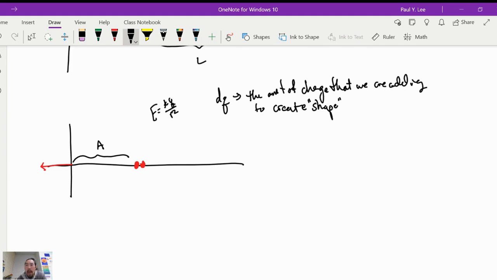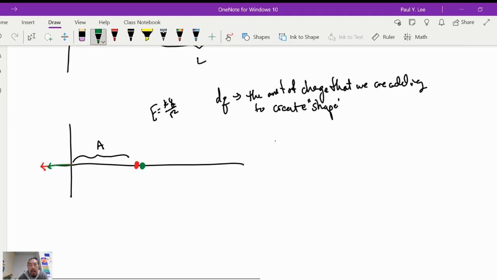So if we're continually adding up tiny bits of charge, those tiny little bits of charge are what we call dq. And so whenever we add a tiny bit of dq, from this second tiny bit of charge, let's change the color. Let's make it green. All right, so if we add a tiny bit of charge there, that tiny bit of charge is going to create an E field, but it's going to be slightly weaker because it's a little bit further away.